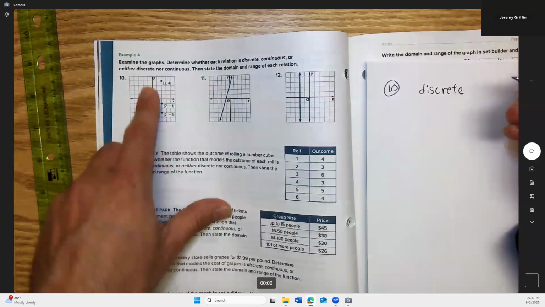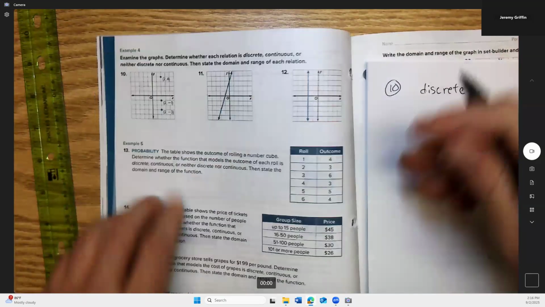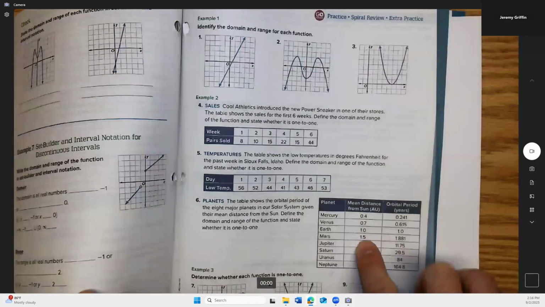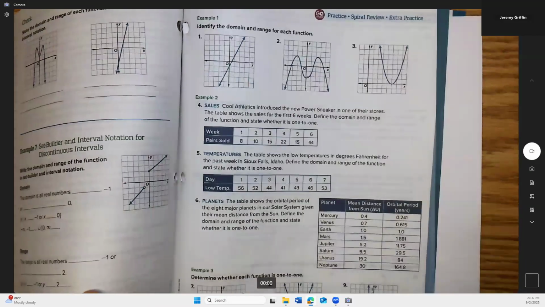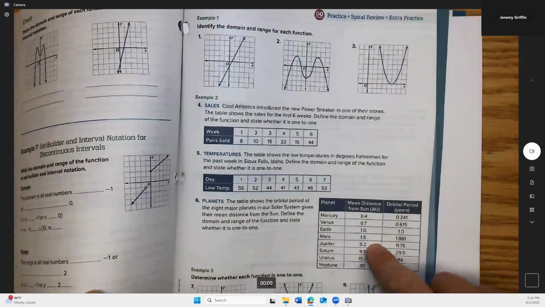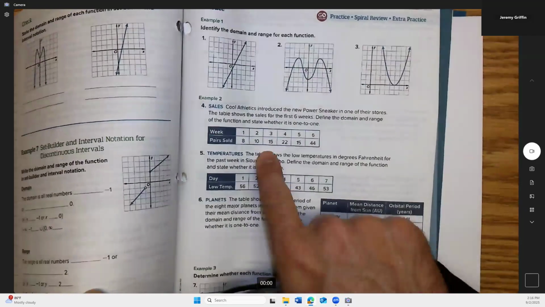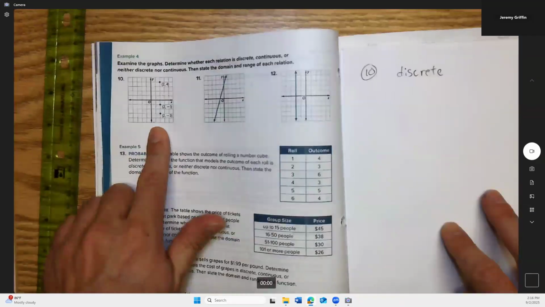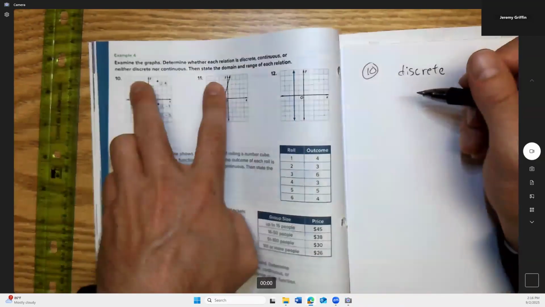See how it's just points plotted? Like back with the planets example, we could have plotted some distance and some corresponding period. It would just have been 8 dots on a graph. Or with these shoe sales, there would have been just 6 points on a graph. Sort of like number 10, except 3 dots. So discrete.